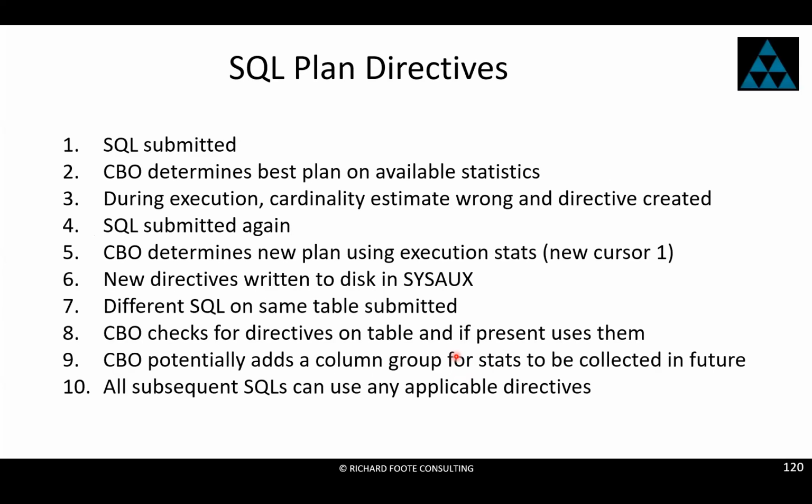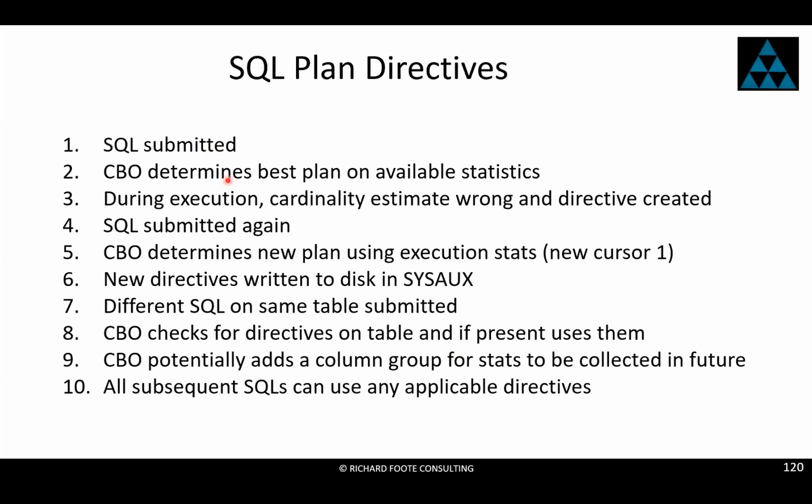And the idea is this. We submit the query. The CBO does the best plan it can, but during the execution it goes, actually, I got this wrong, there are missing stats here, and it would be nice to have known the relationship between that data. So it determines the stats based on the execution of that statement. Those stats get stored in an area where they're shareable.